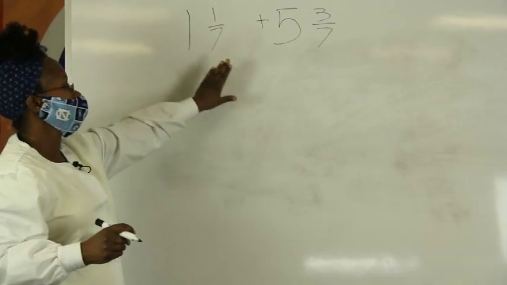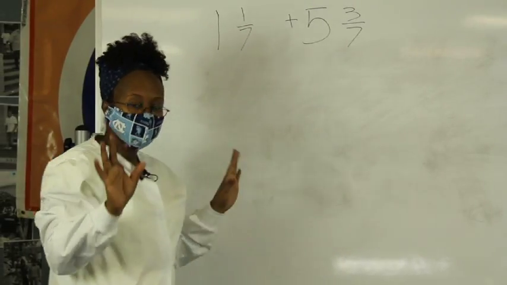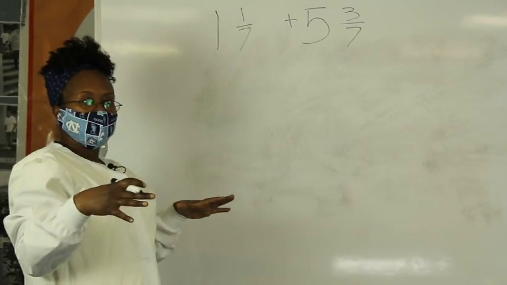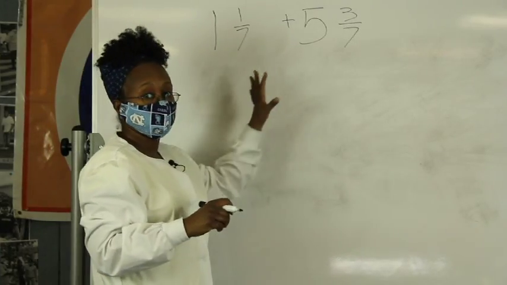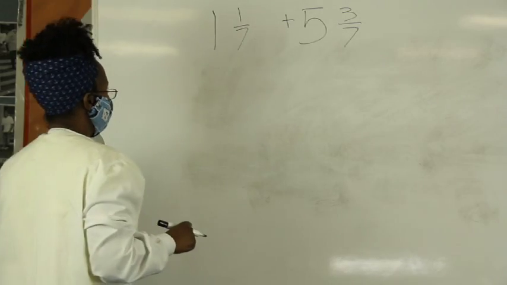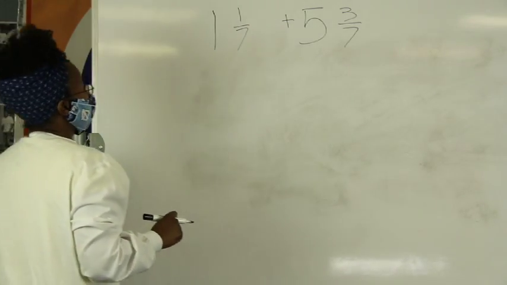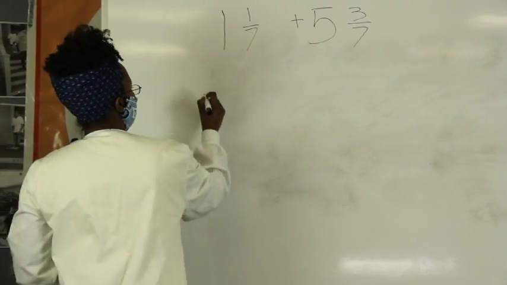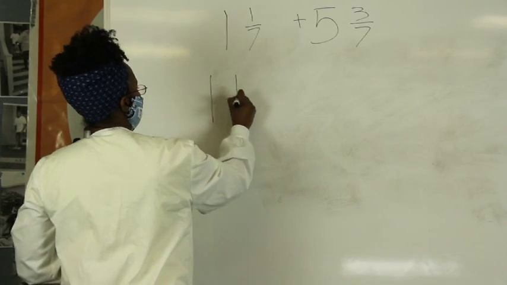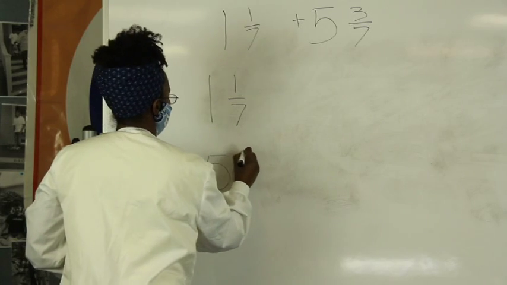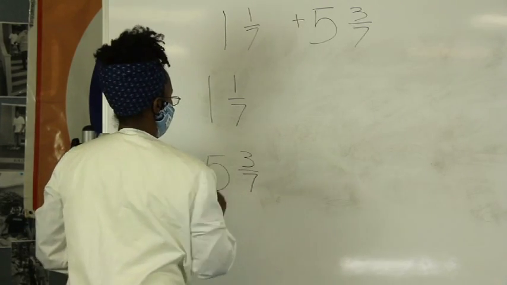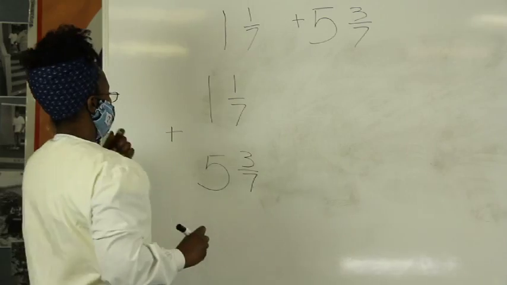Again, we have our like denominators. So you can kind of relax, calm down a little bit. You don't have to do anything really difficult. I mean, this still takes work though here. So what I like to do is put my problem like this, even though not everybody likes to do that.